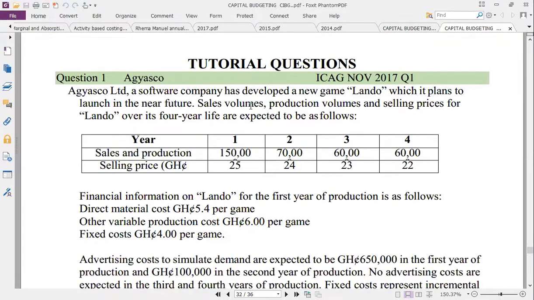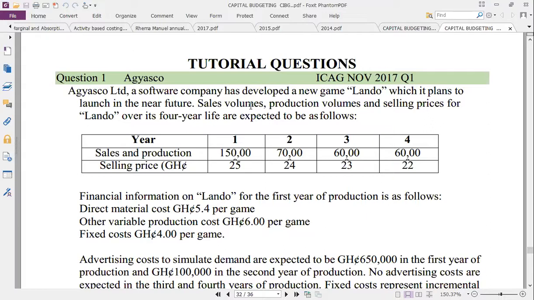So fixed cost, 4 cedis per game. We said that the only fixed cost that we have to include is what? The incremental. So the incremental fixed cost is what we want. It's what we are looking for. Good. Now let's see.